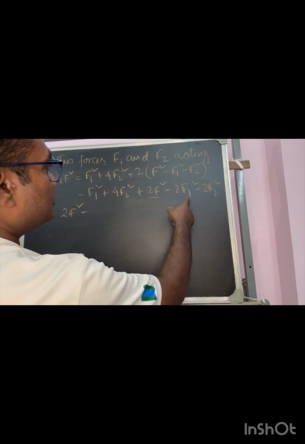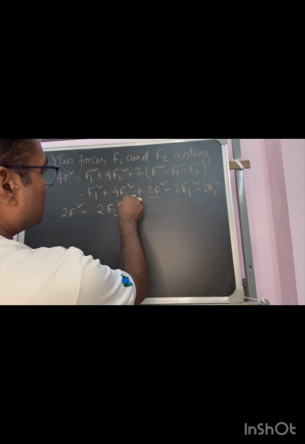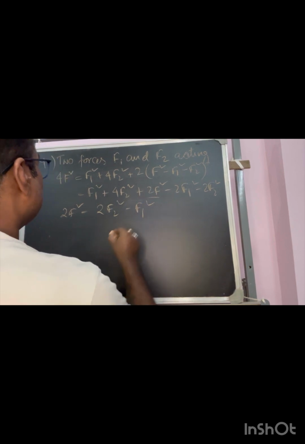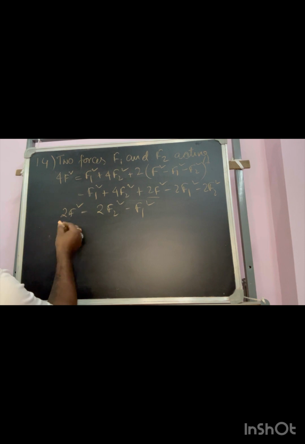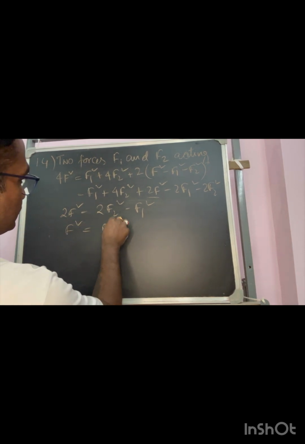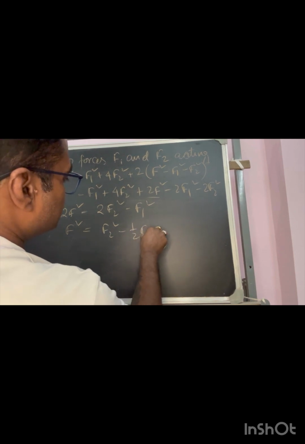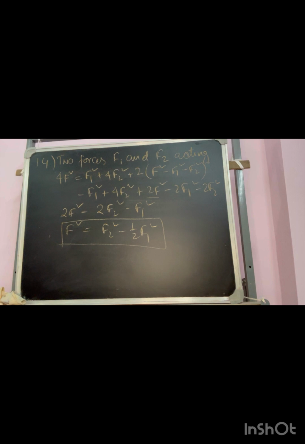F1 is 2 here, it is 1, 2, so 2F2 square and ultimately F1 square. So ultimately this is the relation. So further we can reduce it to F2 square minus half of F1 square. So this is the ultimate relation between these forces as per the condition of the sum.